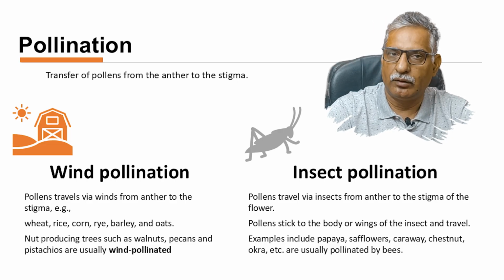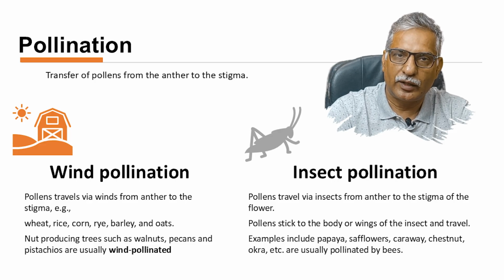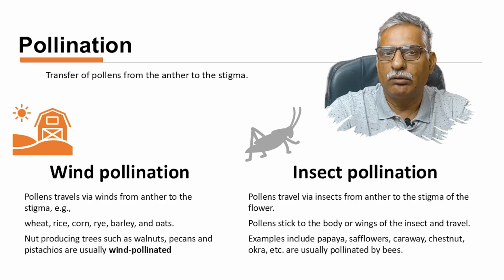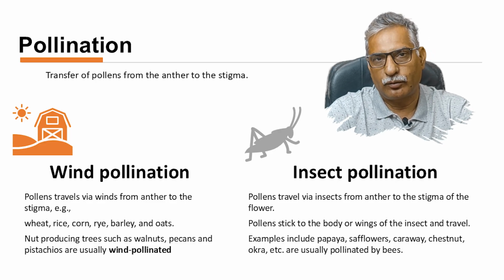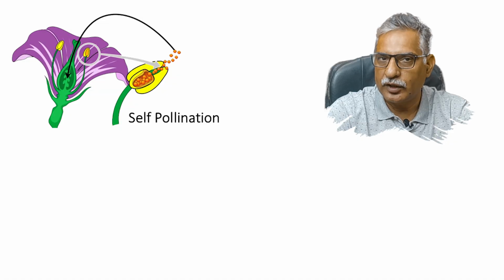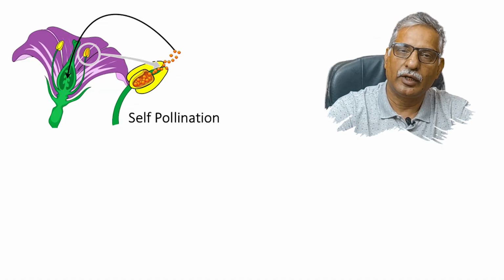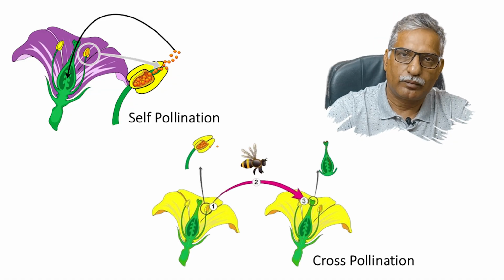Considering the journey of the pollen grains, whether it remains restricted to one plant or whether it moves from one plant to another plant, again we have two types of pollination process. One is known as self-pollination and the other is known as cross-pollination.